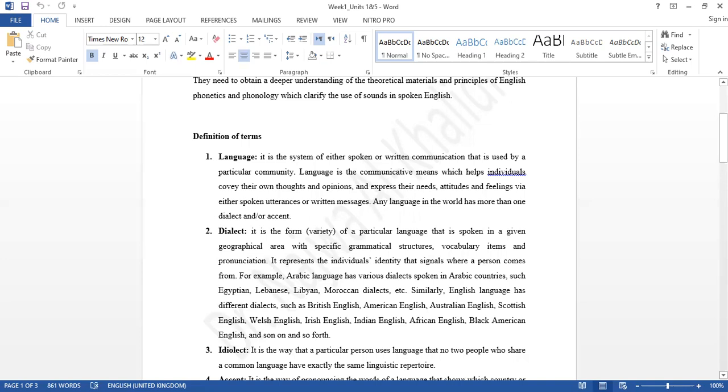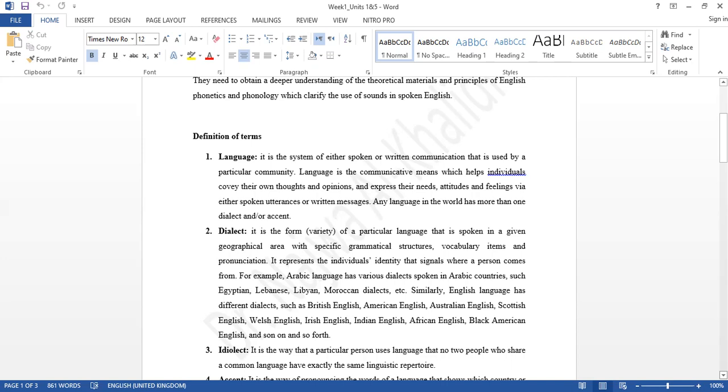And every community in this world has their own particular language. But each language in our world has different forms, different varieties. These varieties are called dialects. So what is a dialect? A dialect is a particular form or a variety of a specific language. For example, in English, the standard English has various different varieties, different forms.